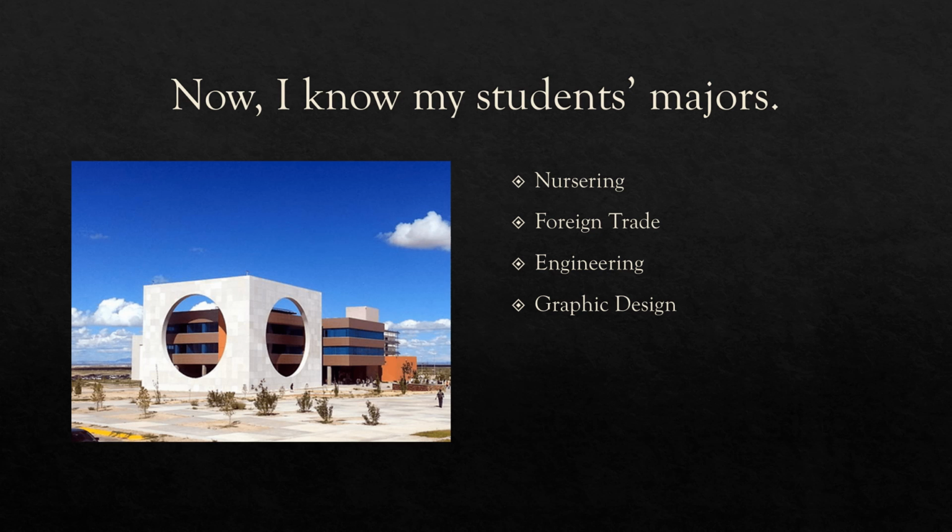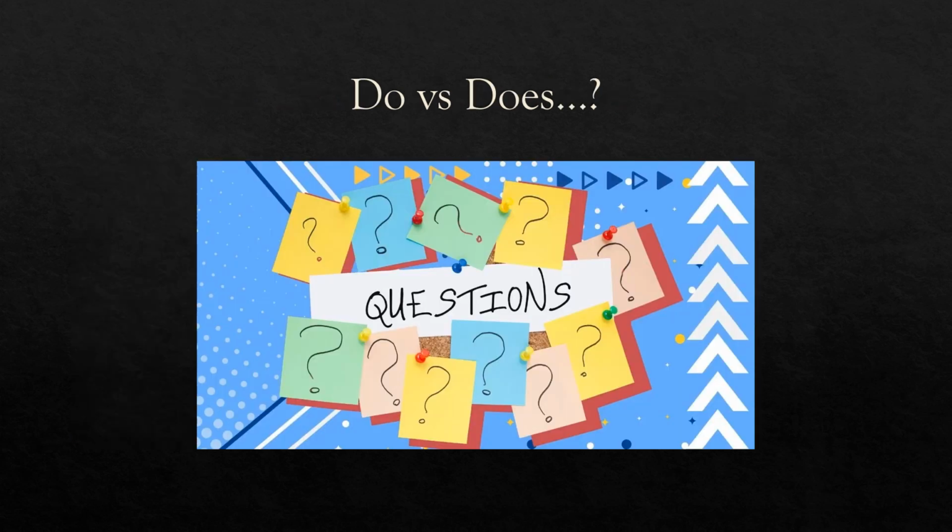My students' majors were, well, right now are nursing, foreign trade, engineering, and graphic design. So I have more ideas of what I can include in my presentations, in my topics, in my examples, and thanks to the majors, I said, well, one of the lessons is about do and does, okay?